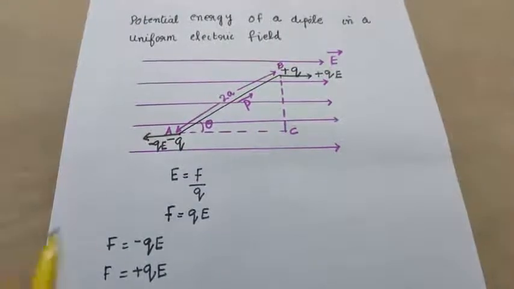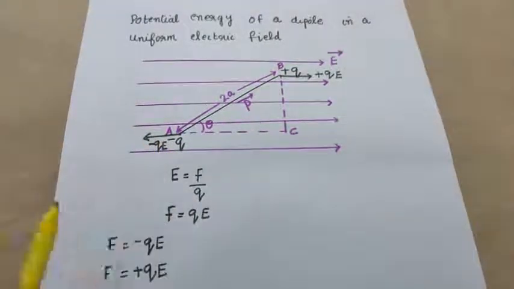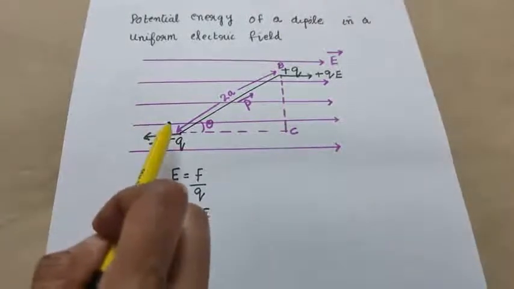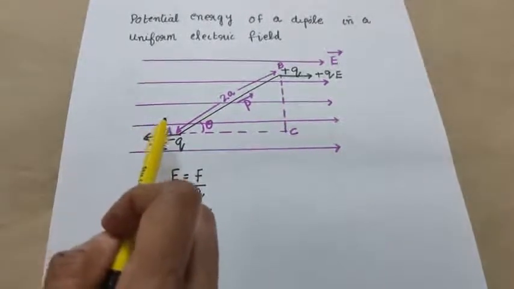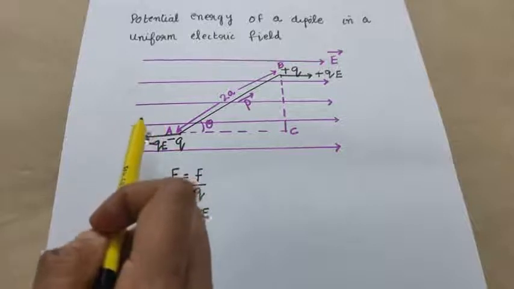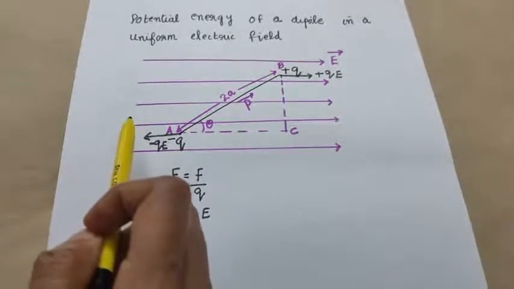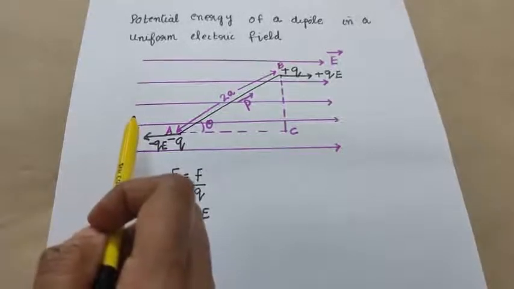And you can see that the magnitudes of these two forces are the same, but they are acting in opposite directions at two points. And what is the name given for such forces? Two equal and opposite forces acting at two ends are known as a couple.